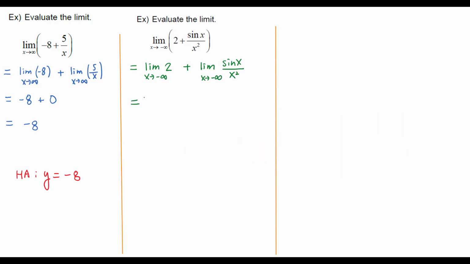And we already know the limit of 2 as x approaches negative infinity is 2. And what is the limit of sine x over x squared as x approaches negative infinity?